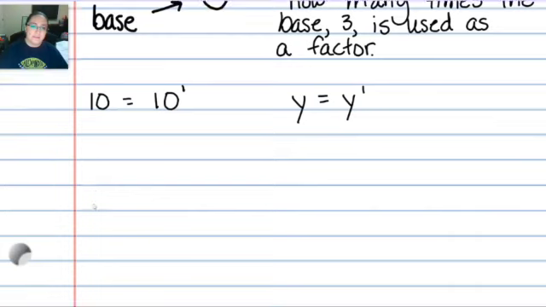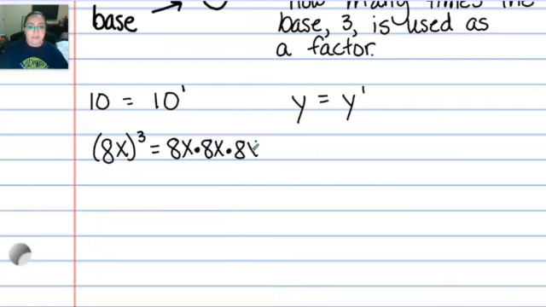Okay, so the next thing I want to go over with you is some basics. Let's say we have the expression (8x) to the third power. Now, there's a big rule here. Whenever you have these parentheses, the 3 belongs to everything inside the parentheses. So for example, here, this would be the base, which is 8 and x. So it would be 8x times 8x times 8x, okay?